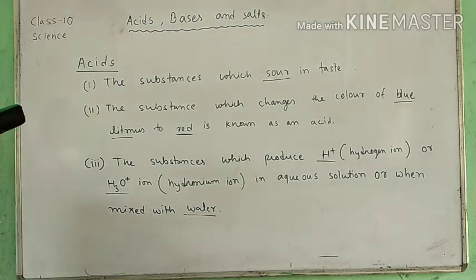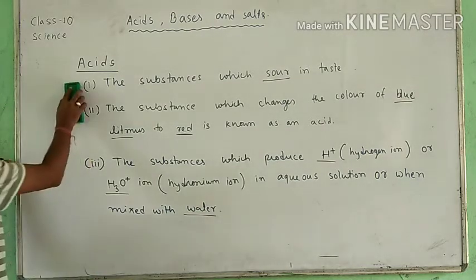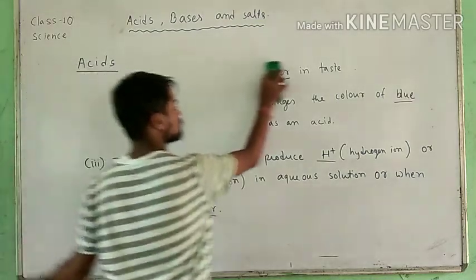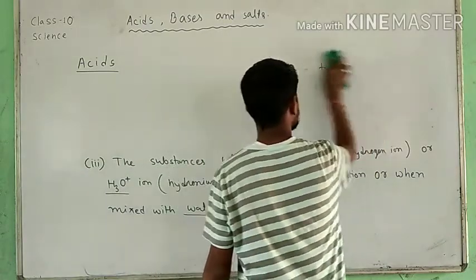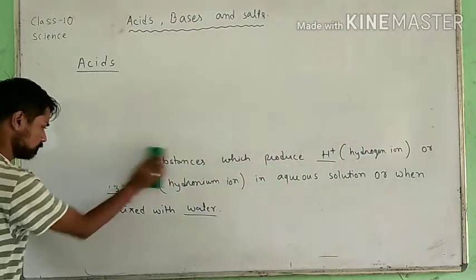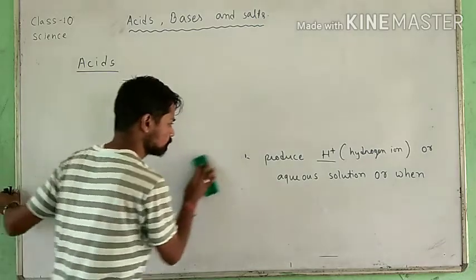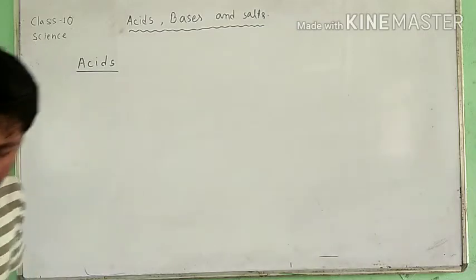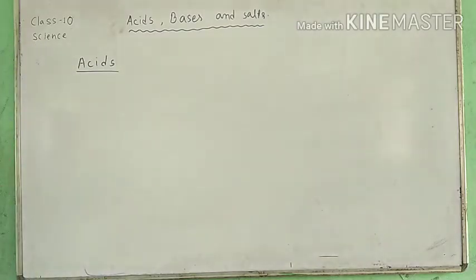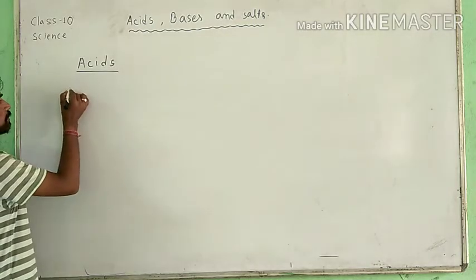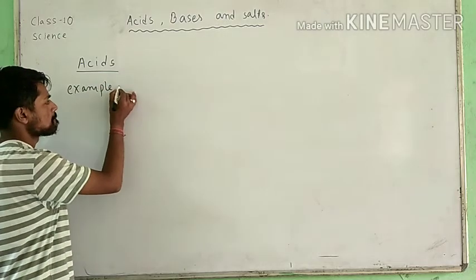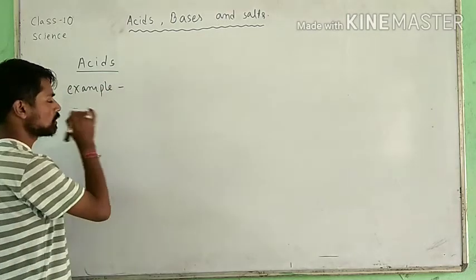Okay. So now see the types of acid and examples of acid. Let us see some examples of acid. What are the examples?